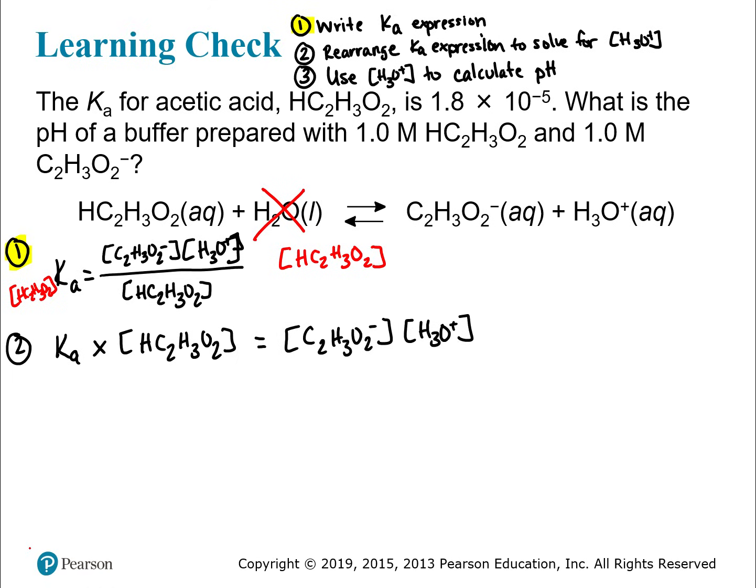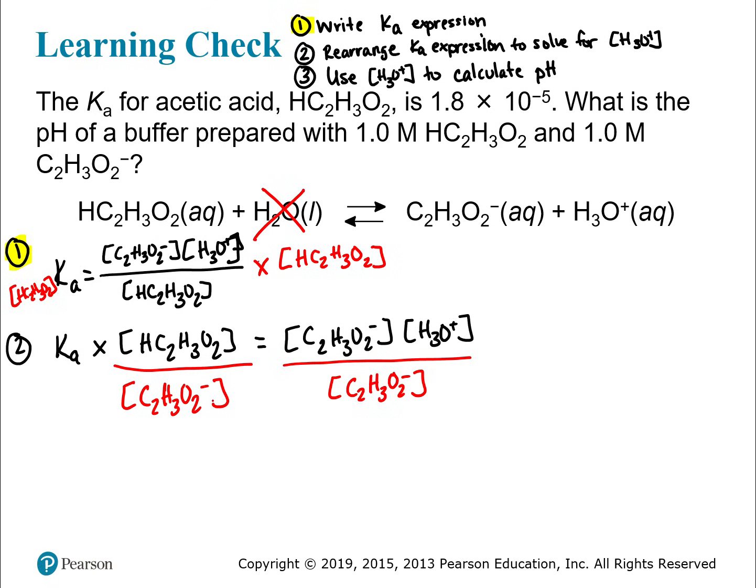Still not finished isolating. So I'm going to divide by the acetate ion. And if you're wondering, yes, I am treating this exactly like X and Y and Z like you would in any kind of algebra expression. That's exactly what we're doing here. So now we've got the hydronium isolated.